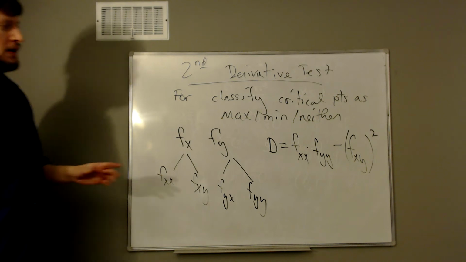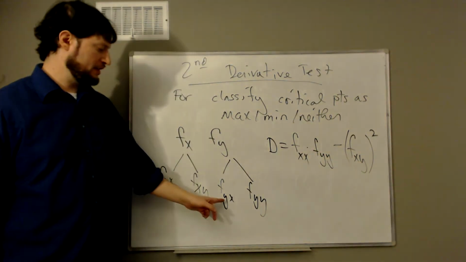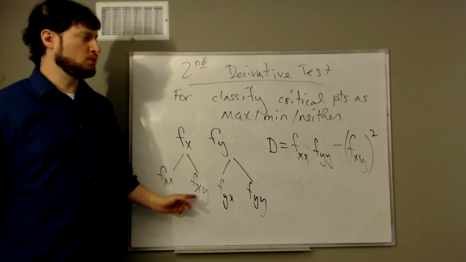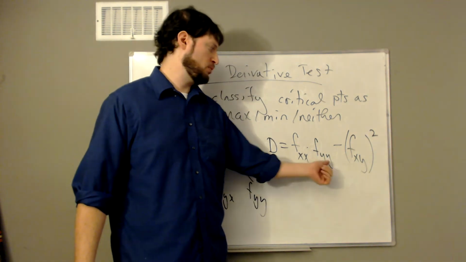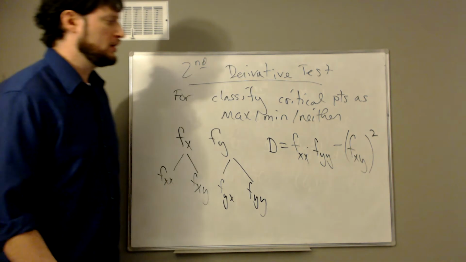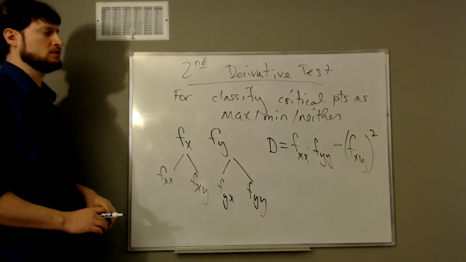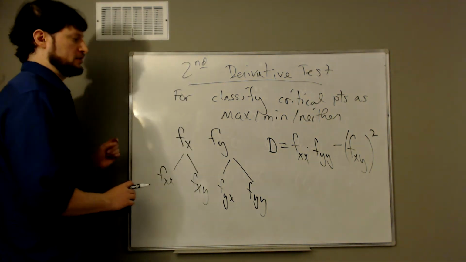Now remember that f sub xy is the same thing as f sub yx. So really this is all 4: f sub xx, f sub yy, f sub xy, and f sub yx. All 4 are put together into a single quantity that we use to classify our critical points.